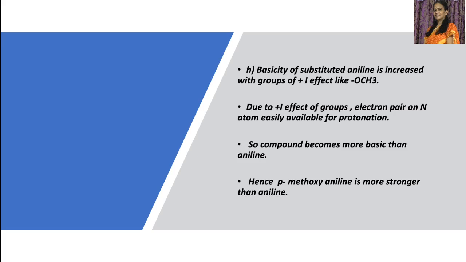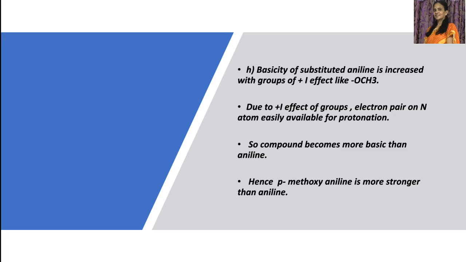Now next one, the basicity of substituted aniline is increased with groups that exhibit a plus I effect, like the methoxy group. Groups which exhibit a plus I effect increase the electron density on the nitrogen atom. Therefore, it attracts the proton readily.